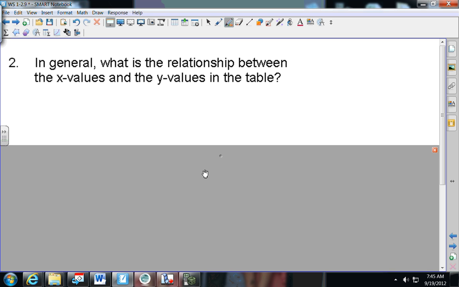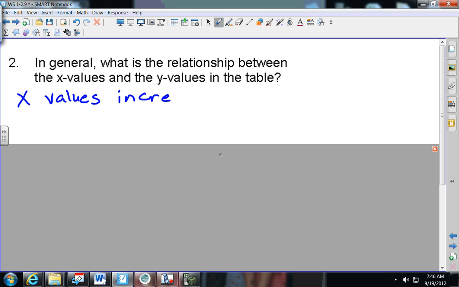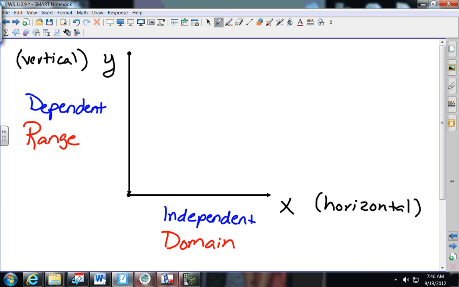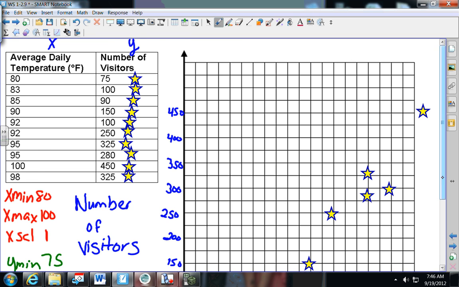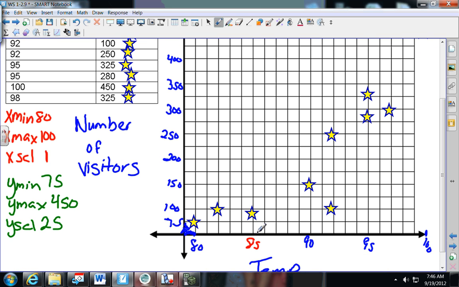Okay, so in general, what is the relationship between the x values and y values? Guys, when the x values increase, what happens to the y values? Let's go back and look. As the x numbers get bigger, what happens to the y numbers?